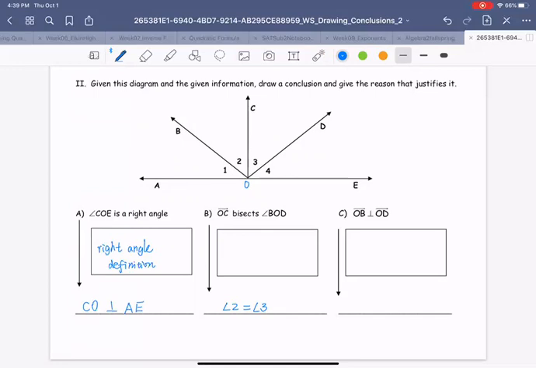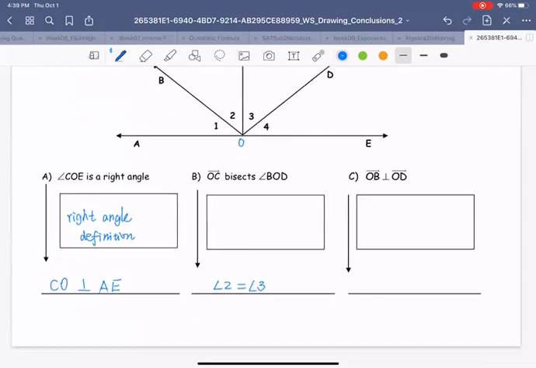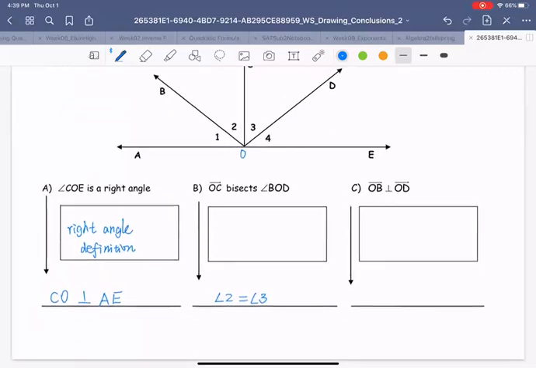Look, okay. So this is saying definition of angle bisector. Does that make sense?